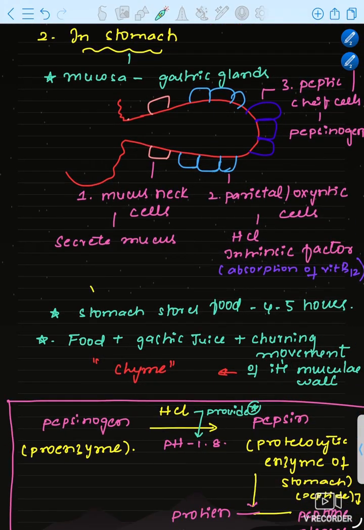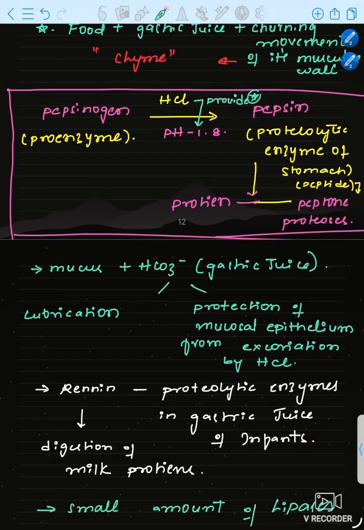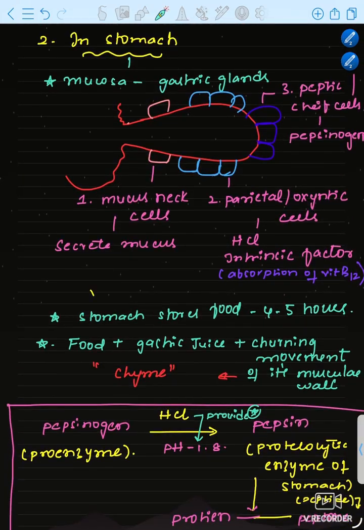Now let us go to the stomach. In the stomach, the mucosa forms gastric glands, which release the gastric secretions. For example, think that this is the stomach and this is the mucosal layer. So it forms gastric glands.